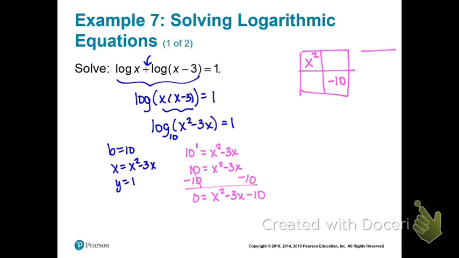And then we had our table, remember? We're going to take our first times our last, our a times c. So 1 times negative 10 is negative 10. So they've got to multiply to negative 10. And then they have to combine to be b. And in this case, our b is a negative 3. So let's see. We got 1 times 10, 2 times 5.